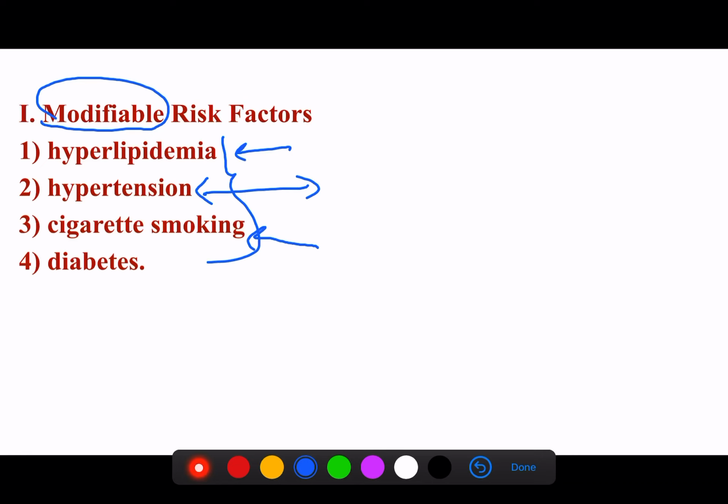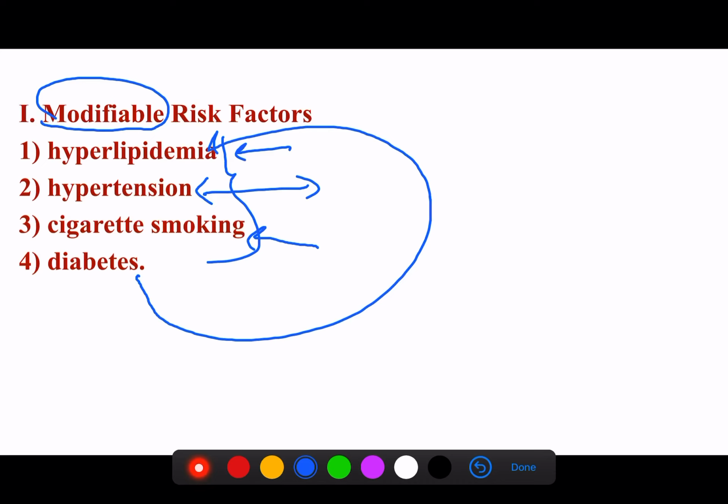Diabetes mellitus. Diabetes mellitus, type 1 or type 2 or type 3, causes hyperlipidemia. Diabetes mellitus usually causes hyperlipidemia. When glucose is not available, the body turns the metabolic process over to lipid and increases lipid production, and hyperlipidemia will occur.